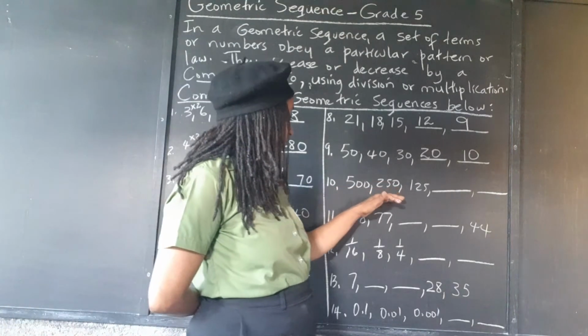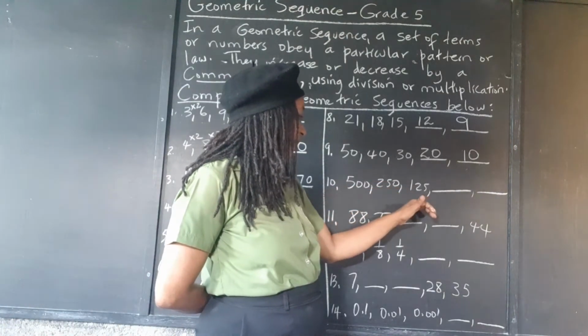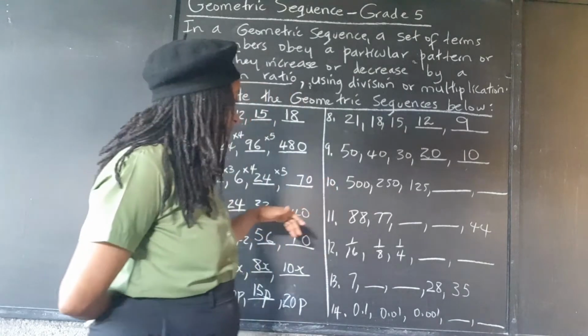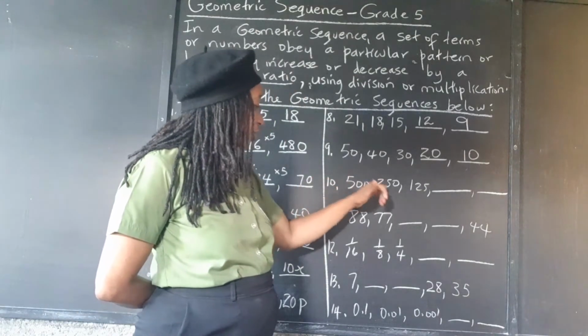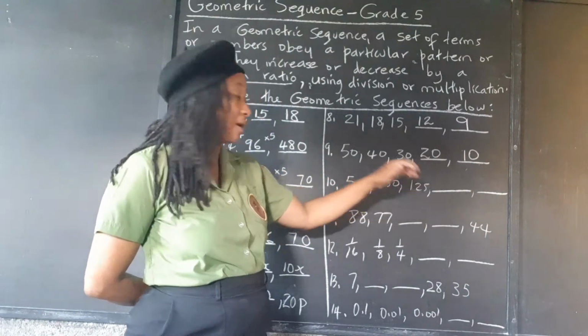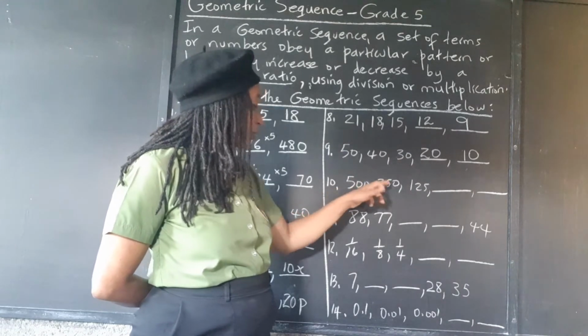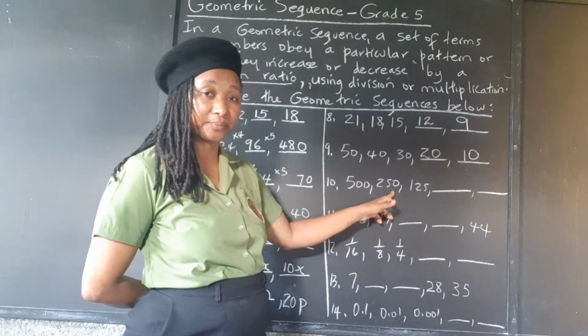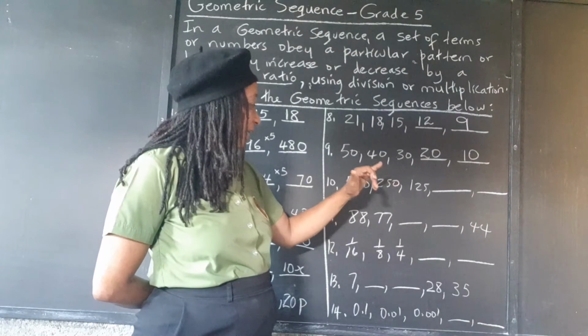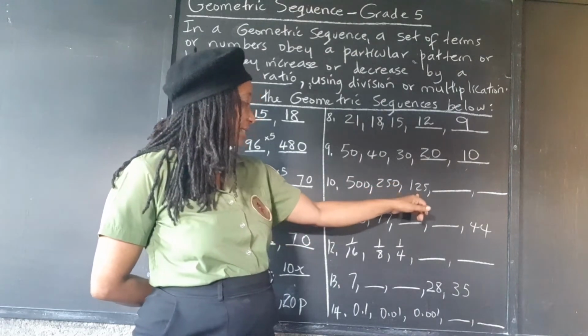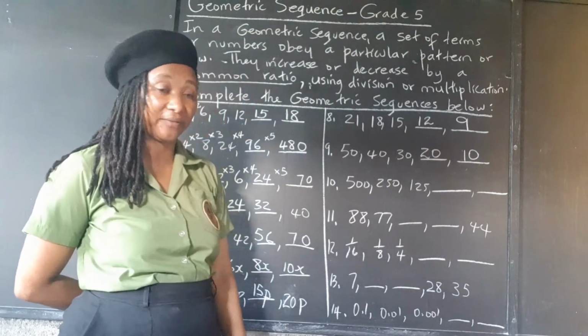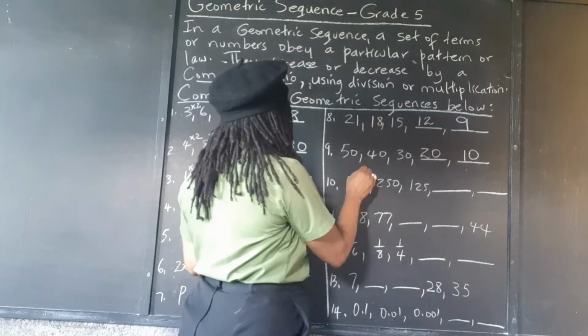500, 250, 125. So it seems to me they keep dividing each term by 2. If we divide 500 by 2, we get 250. If we divide 250 by 2, we get 125. So we're dividing by 2.